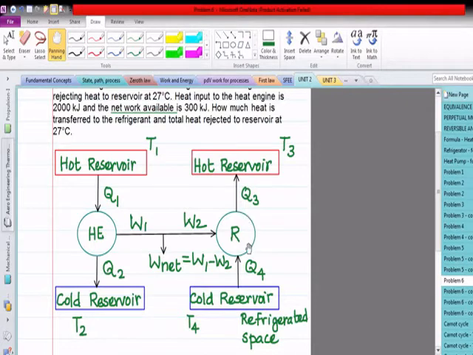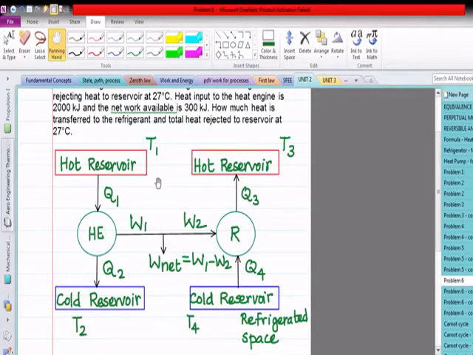As far as the refrigerator is concerned, T3 is the temperature of the hot reservoir and T4 is the temperature of the cold reservoir. Regarding the heat transfer terms, Q4 is the heat absorbed from the refrigerated space or cold reservoir, and Q3 is the heat rejected to the hot reservoir.